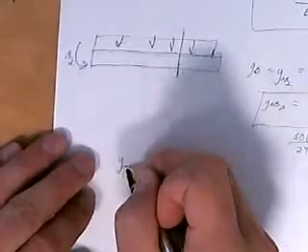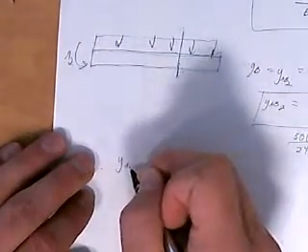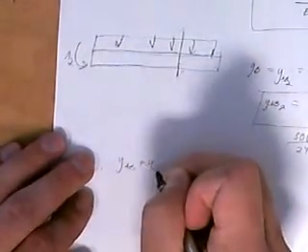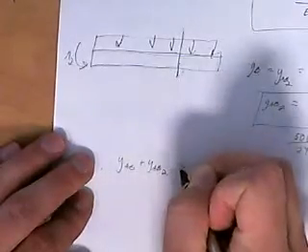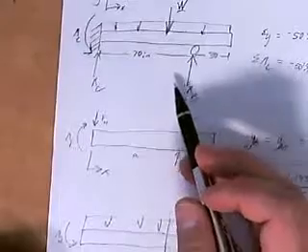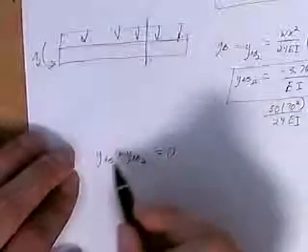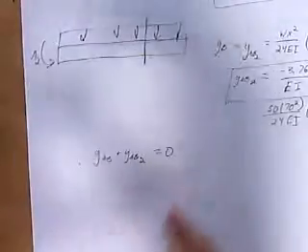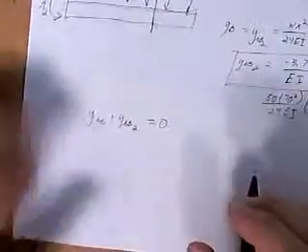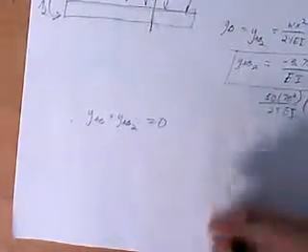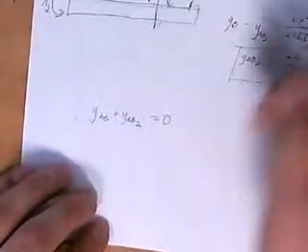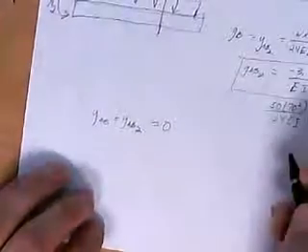So we find that YAB1 plus YAB2 should equal 0 in order to have this be a static problem. Because if it's not equal to 0, then you have it all shooting up, or it's collapsing, or something else. So these two have to equal 0 so that the bar doesn't move, and it stays a static problem.